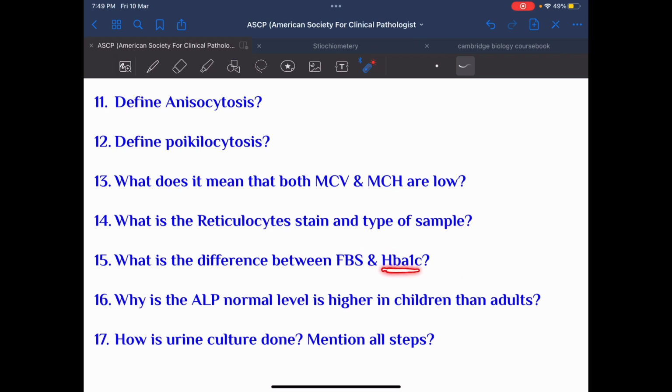For hemoglobin A1C, we are using EDTA tube. Fasting blood sugar measures the glucose at the time of collection, and you need to fast for 8 to 10 hours.